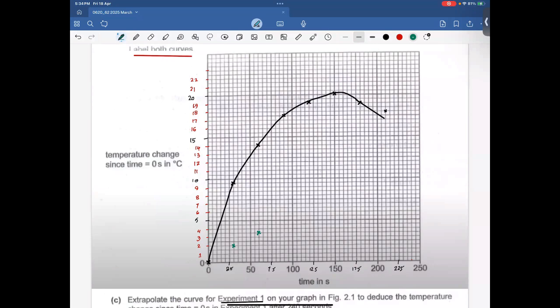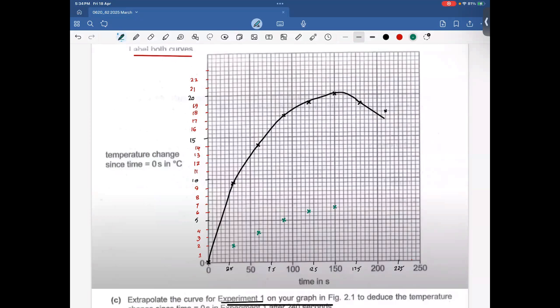After 60, 90, 75, 80, 85, 90. At 90, 5. At 120, 6. This is 6. Then at 150, 6.5.